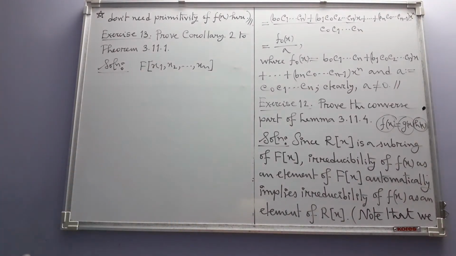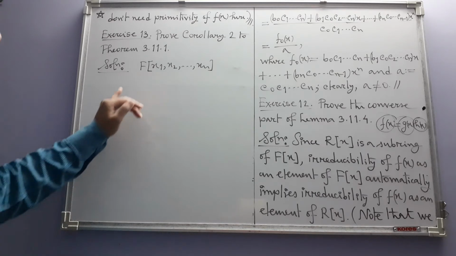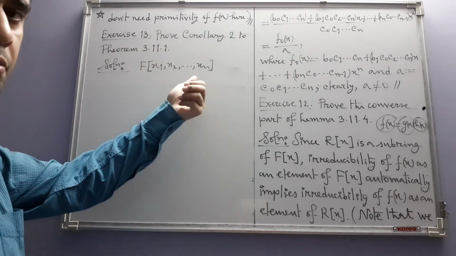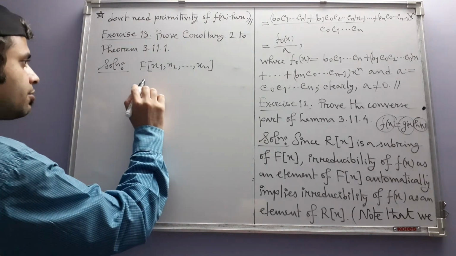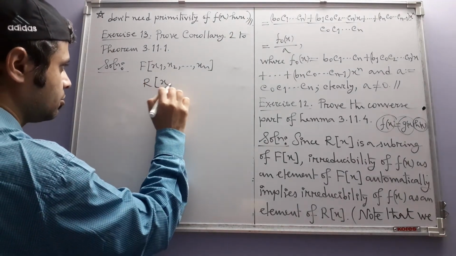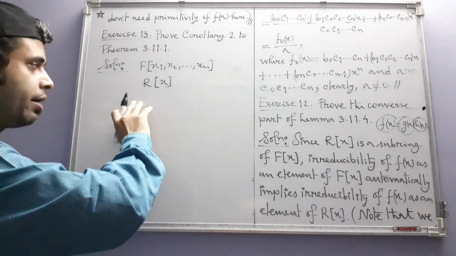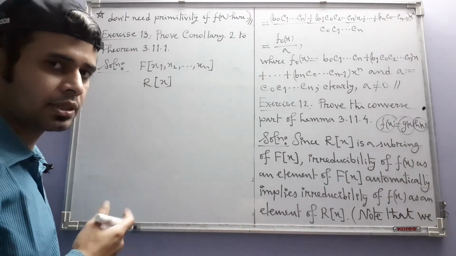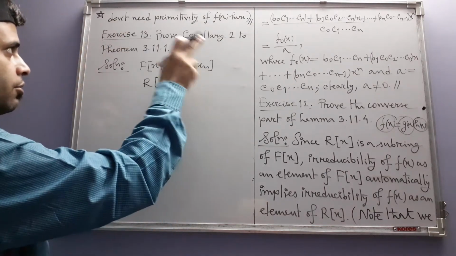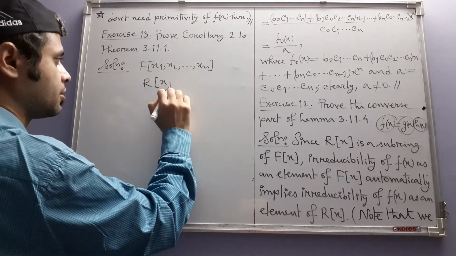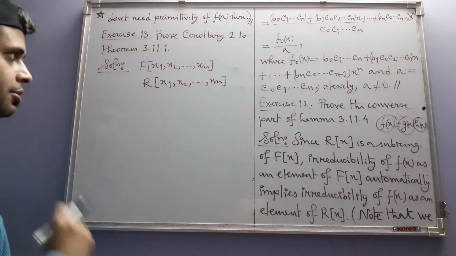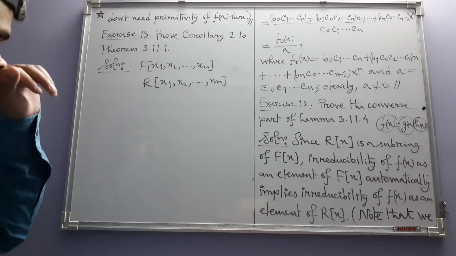The theorem says that if R is a unique factorization domain, then so is R[x], and applying this any finite number of times, we get corollary 1 to this theorem, that this polynomial ring is also a unique factorization domain.